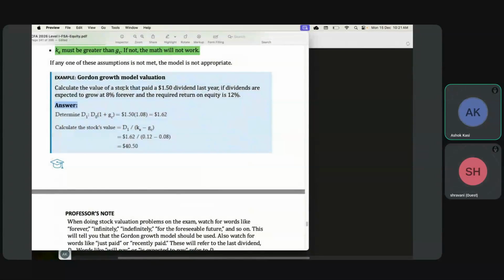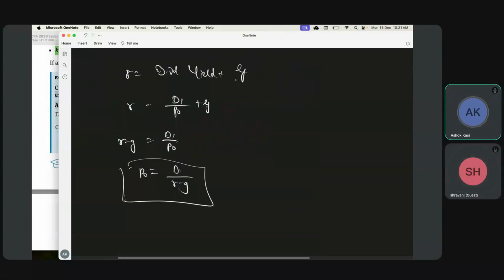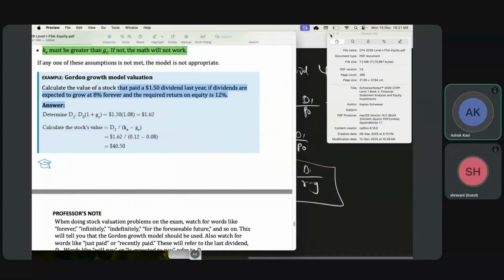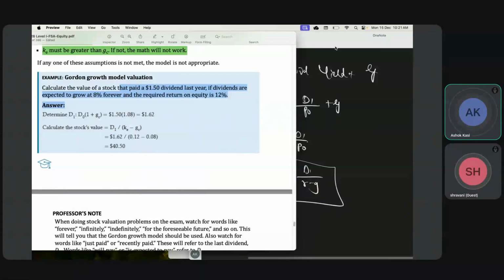Now you just have to plug in. You can try this quickly.